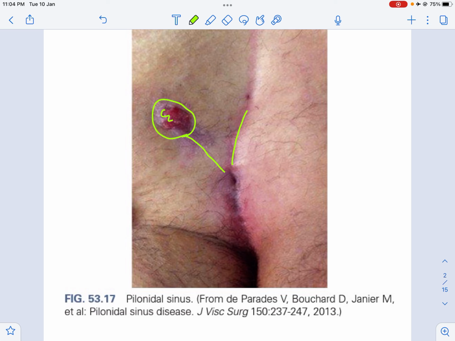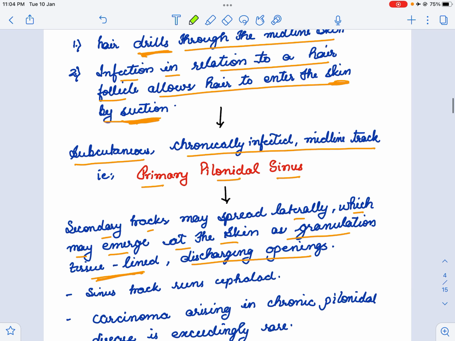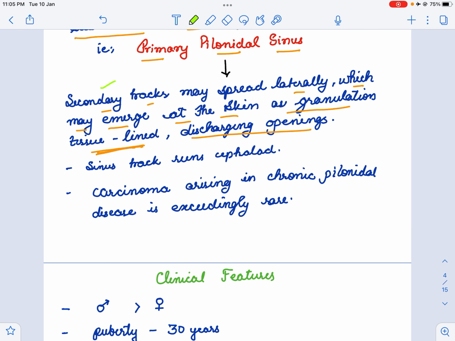So, you can see this red tissue over here. So, this opening may discharge. If it is infected, there might be purulent discharge. So, secondary tracts may spread laterally, which emerge at the skin as granulation tissue lined discharging openings.